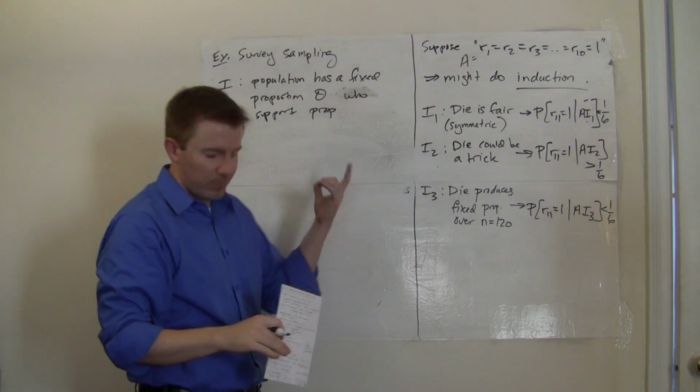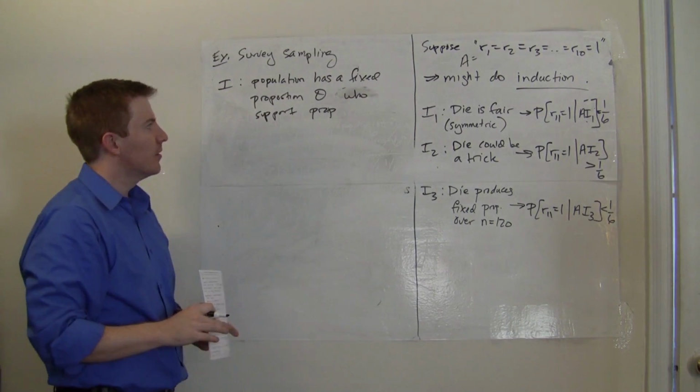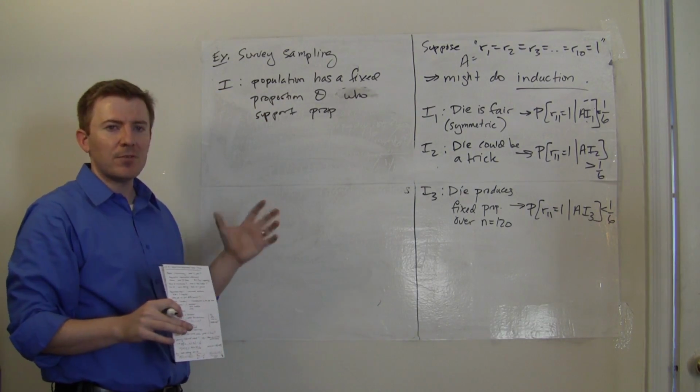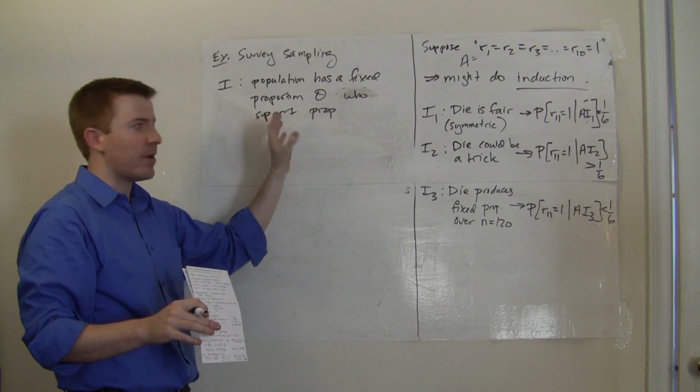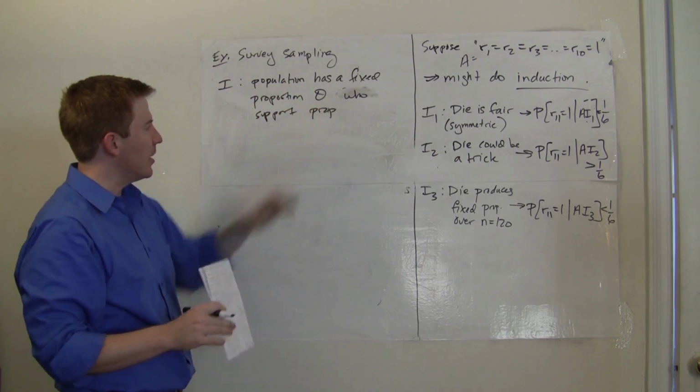Okay, that proportion may be fixed, but it is unknown to us, right? We don't include any other information in our background assumptions about what that proportion is.